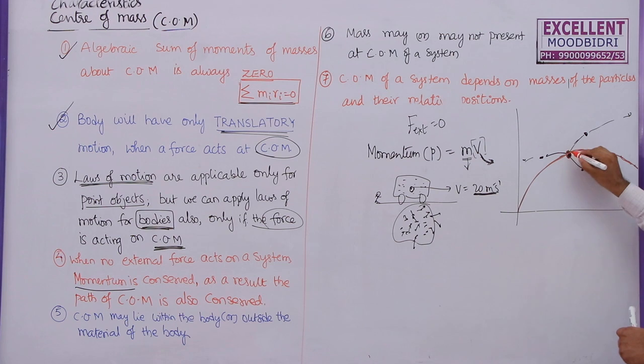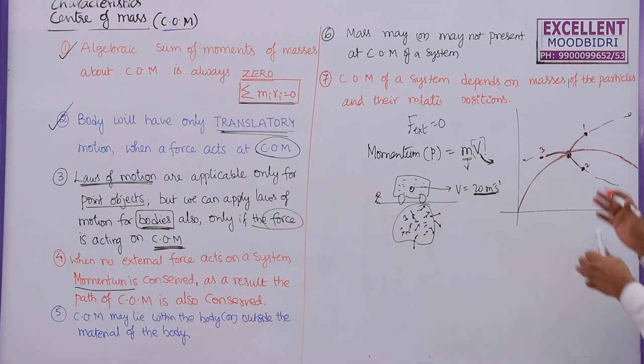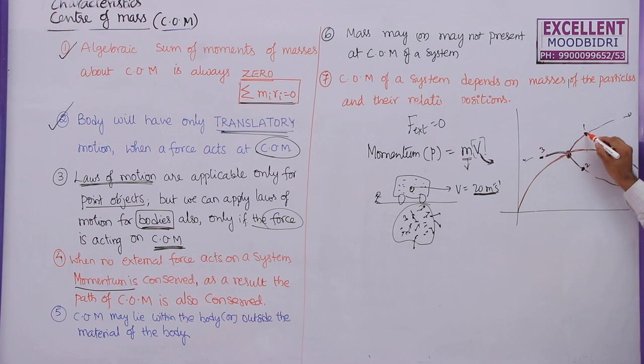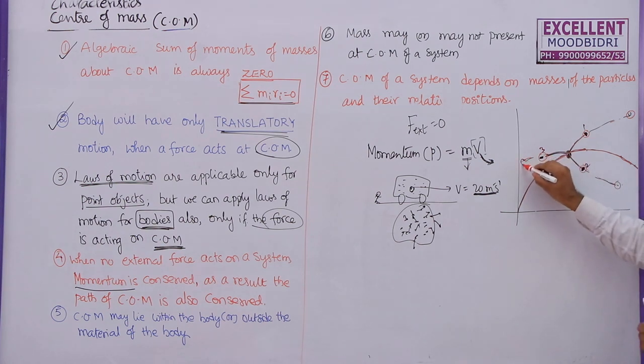If it explodes here and is divided into three parts, this is the first part, this is the second part, and the third part, moving with three different velocities in three different directions. So what is the center of mass of these parts? Let us say this is the center of mass. As these masses are more, the center of mass will lie somewhere here. After some time, this part will go here, this part will go here, and this part will go here.